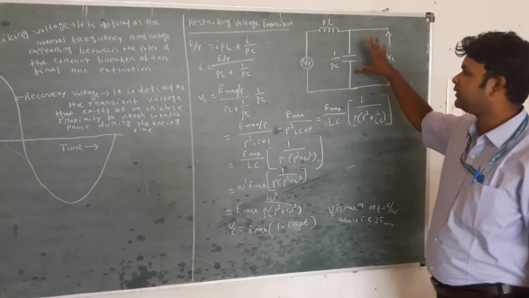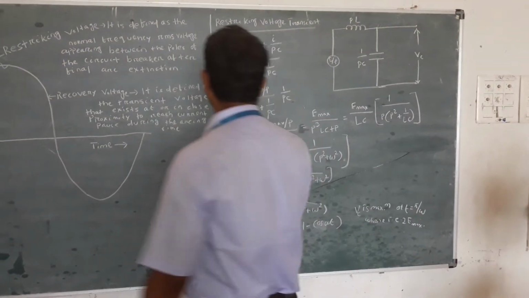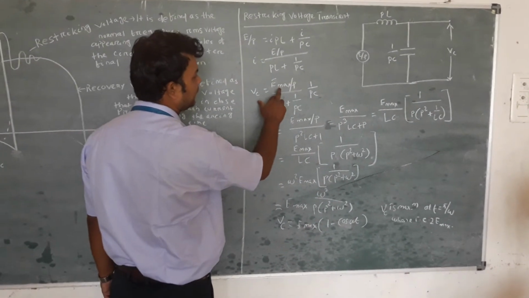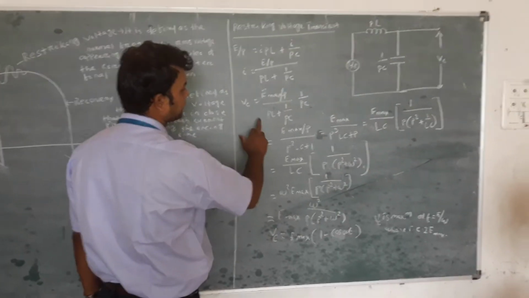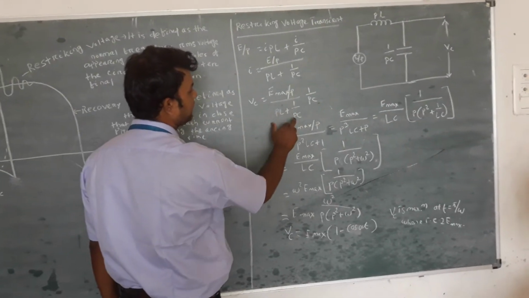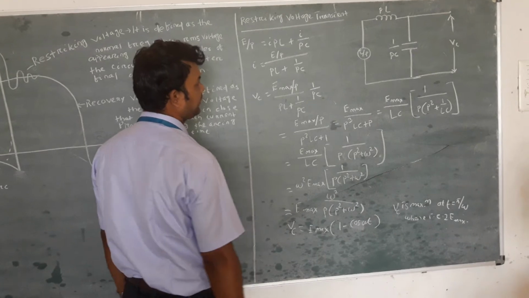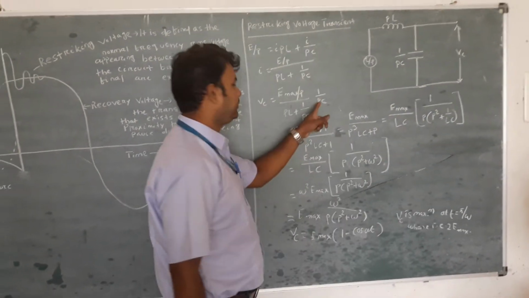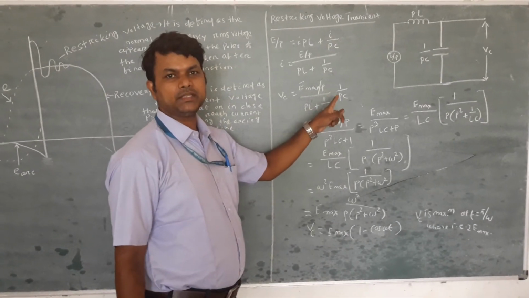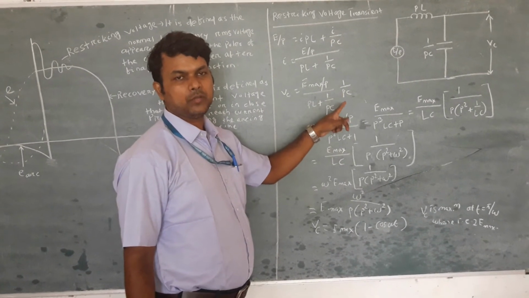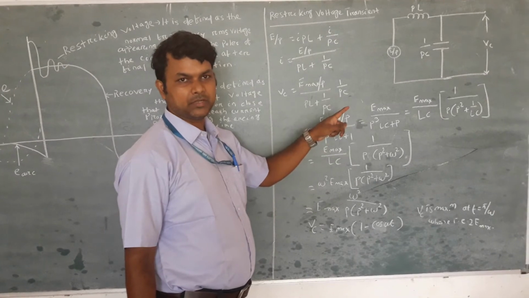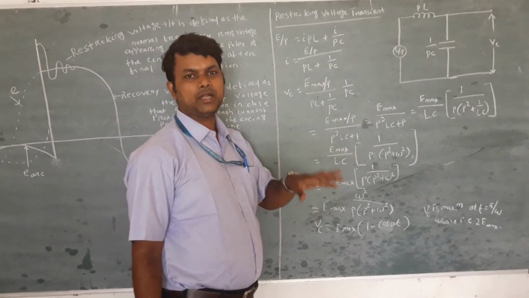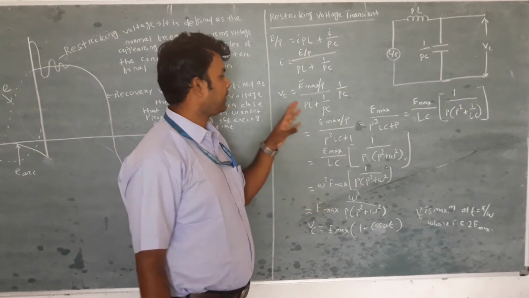If we apply the voltage division rule, the voltage across the capacitor is equal to Emax in Laplace divided by (PL plus 1 by PC), into 1 by PC. The voltage drop across the capacitor is multiplied according to the voltage division rule. You all should know from your basic electrical chapter in the first year about the current division rule and the voltage division rule.